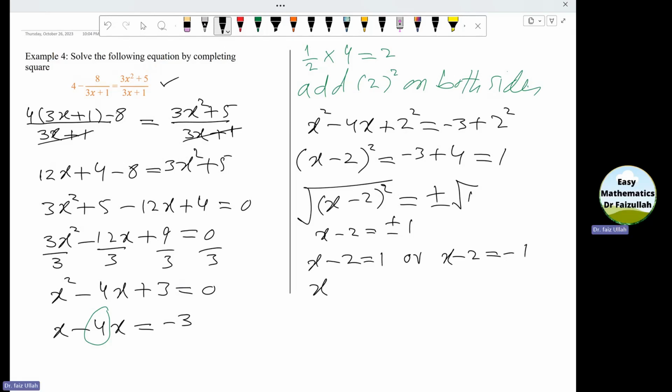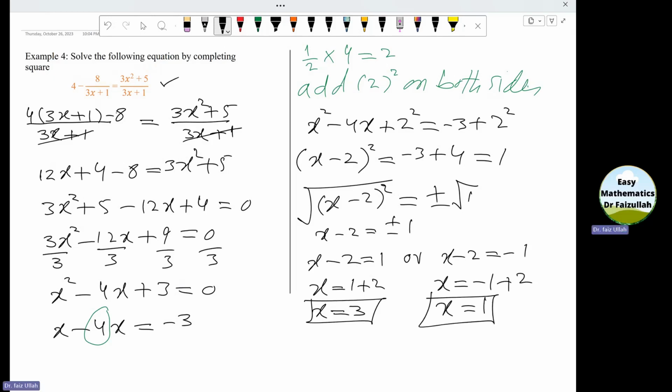From the first equation we get 1 plus 2, so the value of x is equal to 3. And from the second equation we get x is equal to minus 1 plus 2, which is equal to 1. So the solution set is 3, 1. That's all.